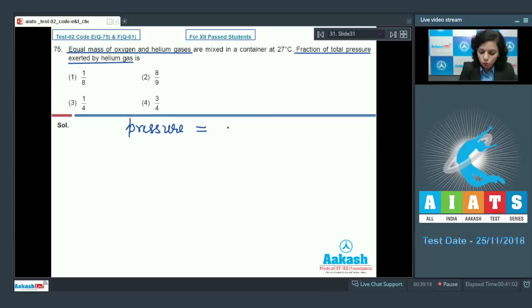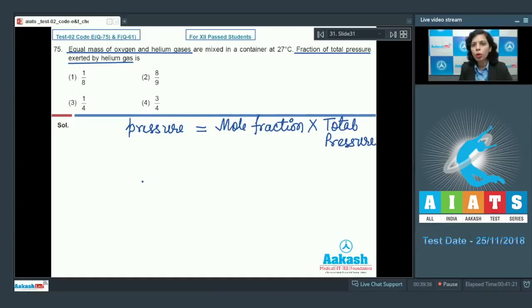that is equal to the mole fraction of that gas into total pressure. Now, if we talk about these two gases, we have two gases, oxygen and helium. We don't know about their masses.